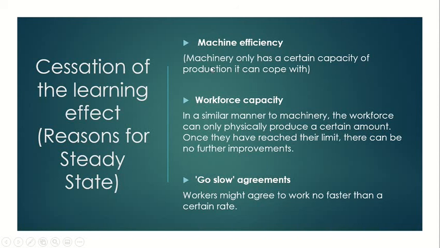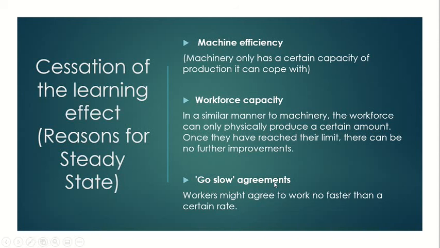So here we can see three scenarios. Machine efficiency: if the machine's capacity has reached its maximum, we can't expect any more of this learning curve impact. If the workforce reaches its maximum physical capacity, thereafter we can't expect any further improvements. Go slow agreements: if the employees are working according to the agreement, they are not improving their performance.